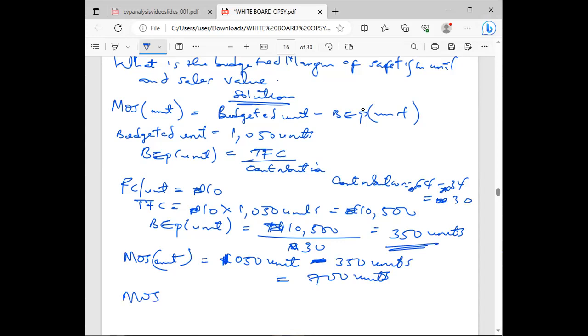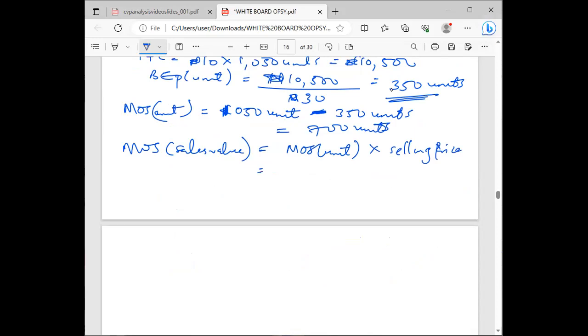MOS in sales value, in short form, will be MOS in units multiplied by the selling price, which is equal to 700 units multiplied by 64.